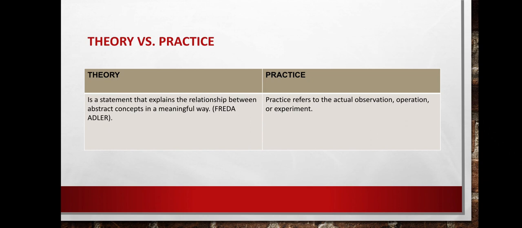Kahit na itinanim natin sila sa lupa, kung nasaan yung sun, yan yung susundin nila. That is why they are growing upward. The idea that the plants and the trees are growing upward because of the sun is what we call a theory. Okay, that is an example of theory.